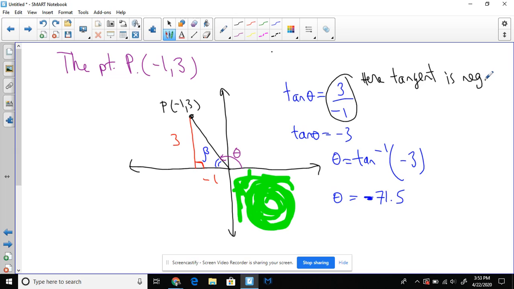So if you remember from the CAST rule, where is tan negative? Well, it's negative in this quadrant and in this one. So this is why your calculator gives you one answer, but really we know that there's two options, and our calculator doesn't know the quadrant that our point is in, but you and I do because we're human.